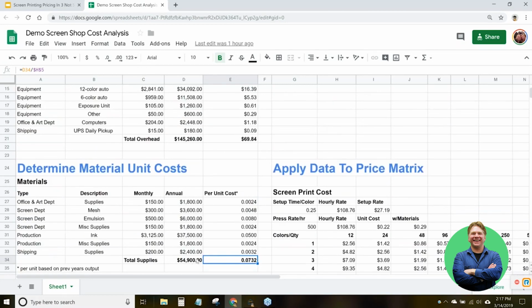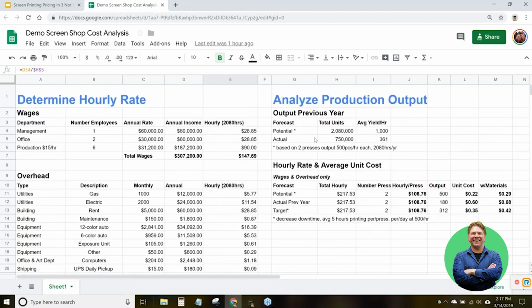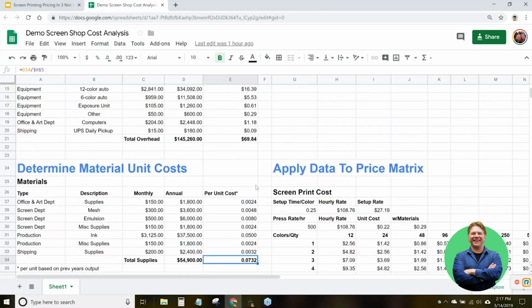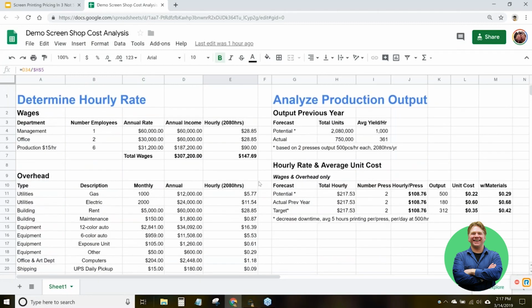But this 7 cents has taken this almost $55,000 and divided it by what this scenario did, 750,000 pieces. So that was assuming that these materials were needed to do that many pieces. In this little scenario, I'm analyzing my production output, looking at the previous year.